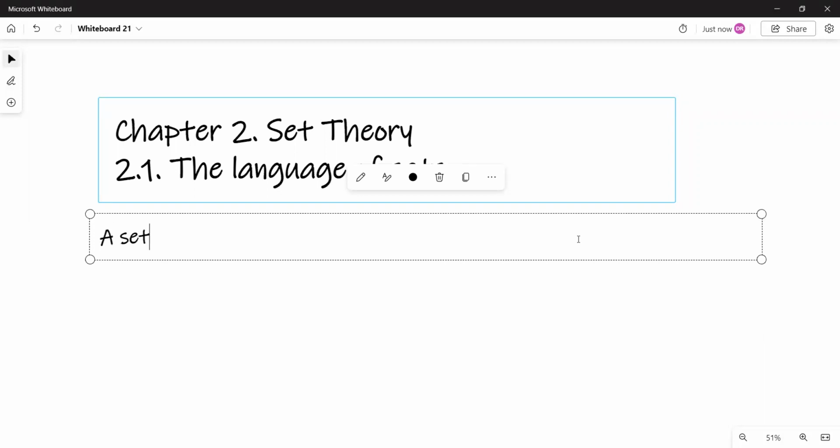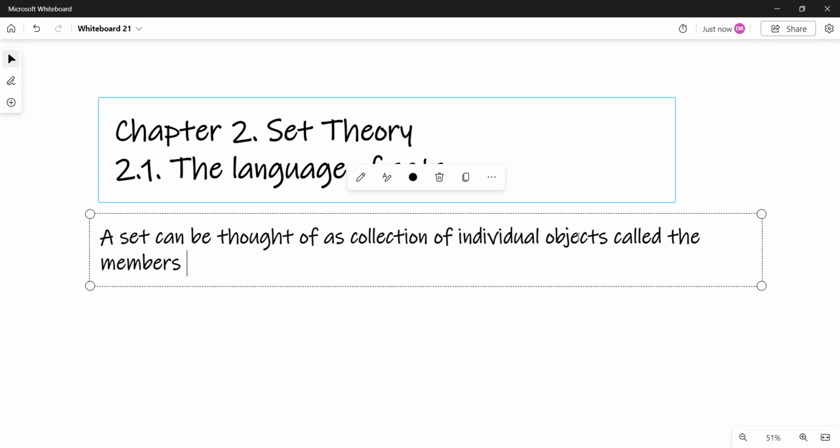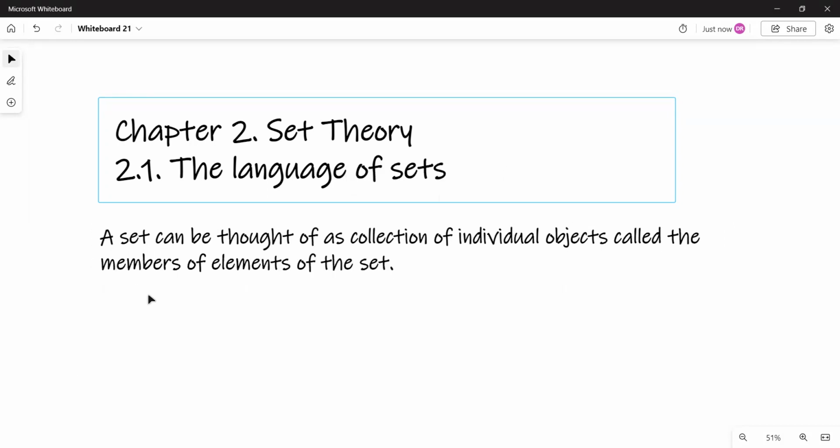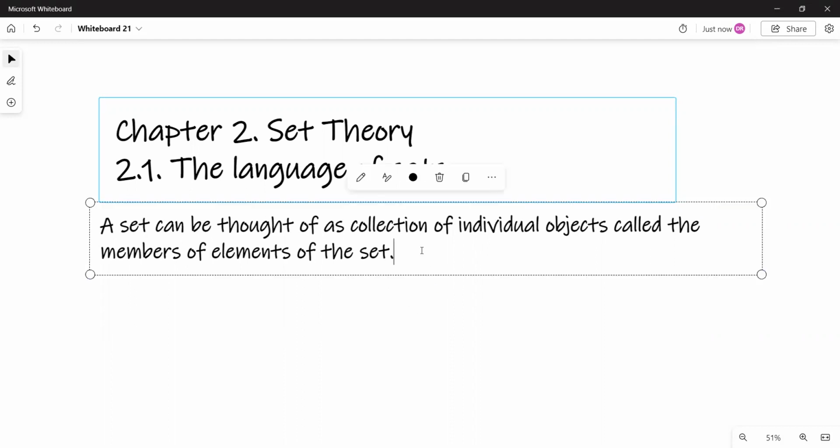So a set can be thought of as a collection of individual objects called the elements or members of the set. Okay, so that's a rough idea of what a set is, and we can represent a set in two ways.